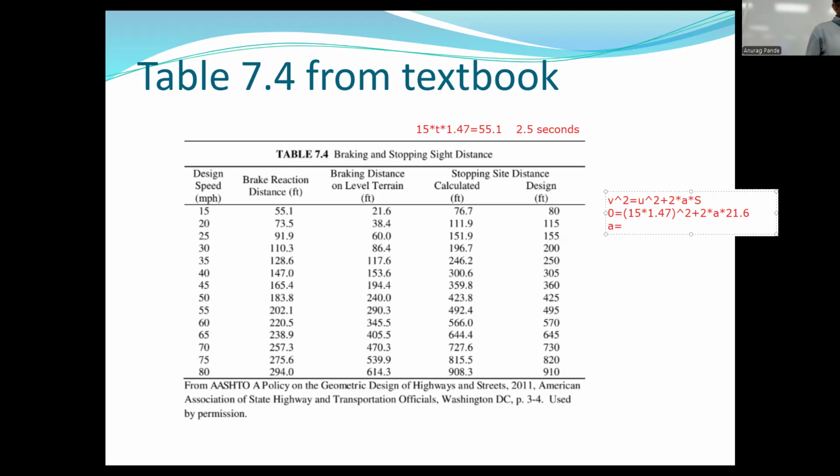So take a minute, use your calculators to find the A value from this equation. It'll be negative, as it should be, because you're decelerating, so your speed is going down over time. And if you have the A value, you can just blurt it out.